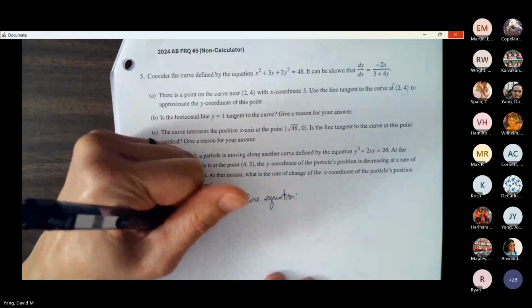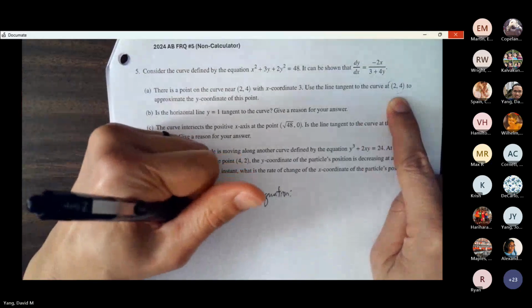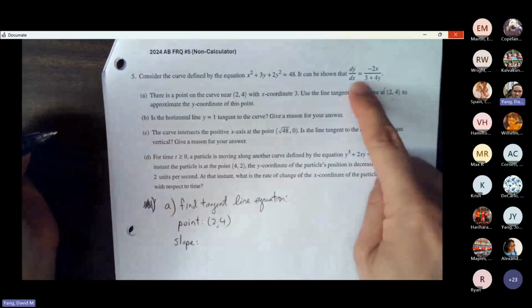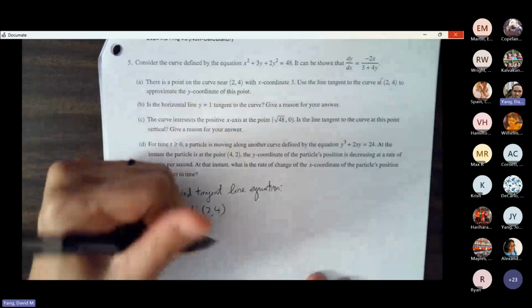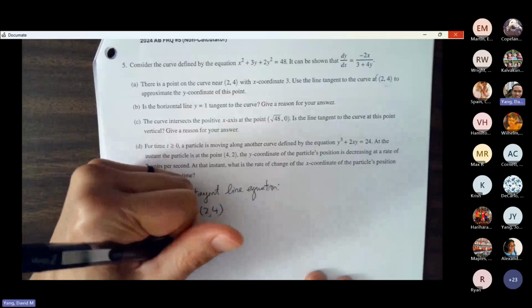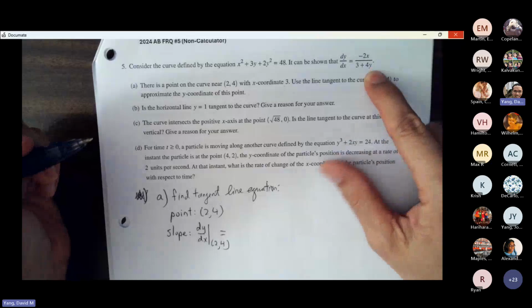Point 2, 4. Slope. We know slope comes from our derivative. This is my derivative equation. I'm going to just plug 2, 4 into my derivative. 2 in for x, 4 in for y.